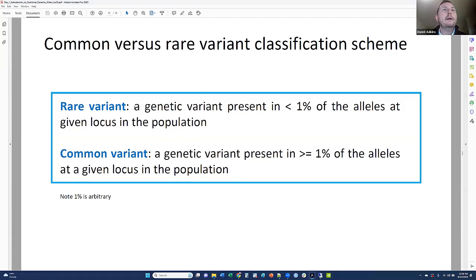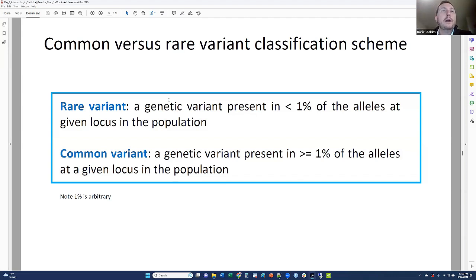A rare variant is typically defined as a genetic variant that is present in less than 1% of the alleles at a given locus in the population. So if we took a large sample of people, the minor allele, meaning the less common variant observed, occurs in less than 1 in 100 people, right?